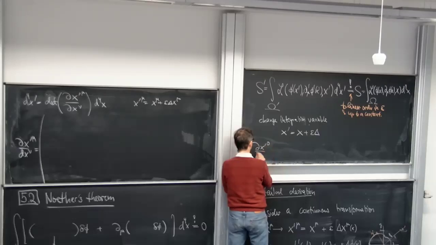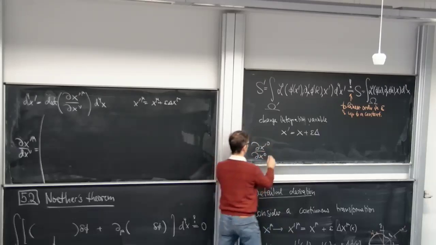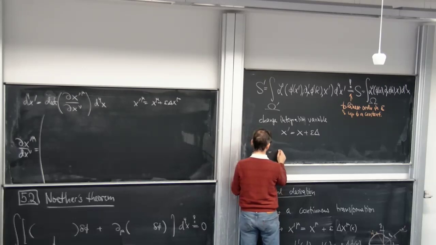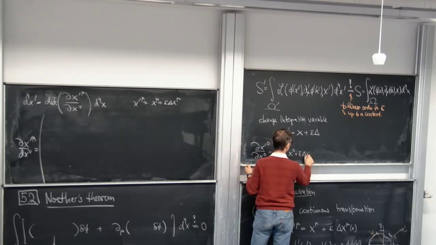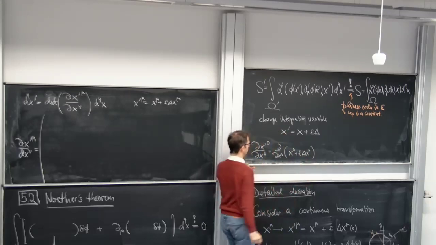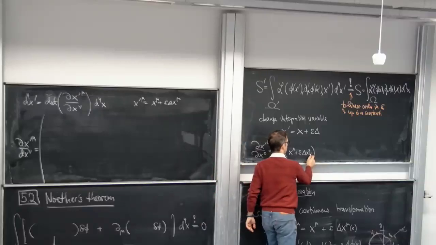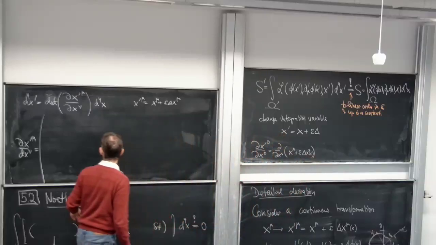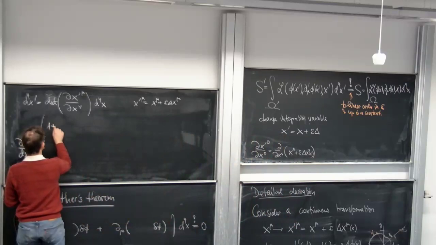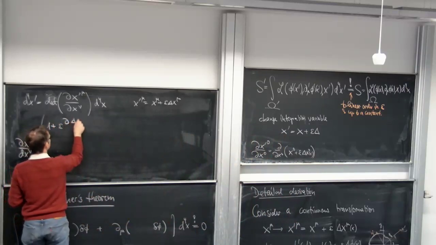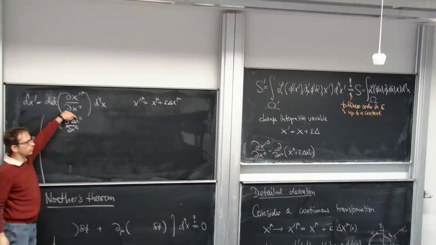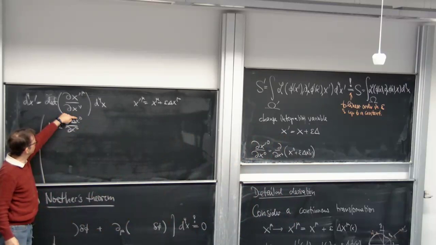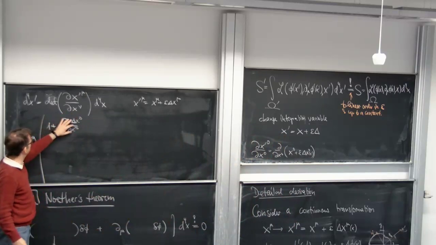It's d by dx 0 of x 0 plus epsilon delta x 0. This is 1, and then we have whatever that is, we can't know in general. So I write 1 plus epsilon d delta x 0 by dx 0. This is a function of the coordinates. Maybe it's a constant. If it's just a constant, then we don't see it, it's just a 1. If it's a rotation, there will be something left.